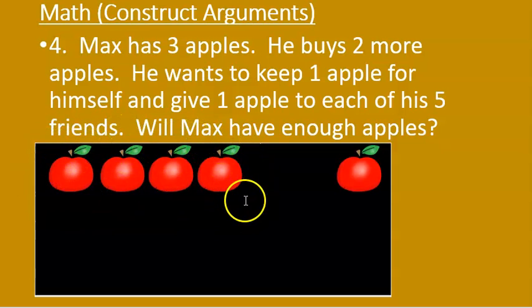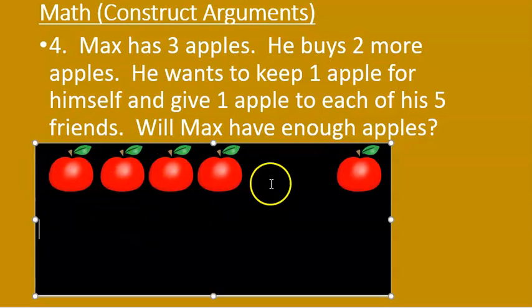Let's count to see if there are 5. Count with me. 1, 2, 3, 4. So first graders, can Max give 4 apples to 5 of his friends? No, he can't, because look, there aren't enough. There are not enough apples to give to 5 friends.